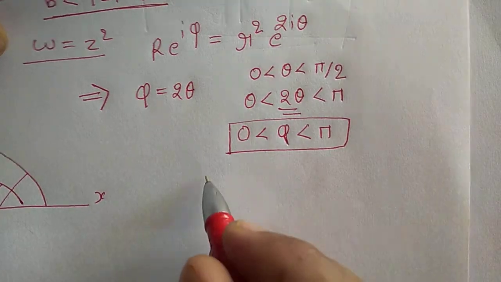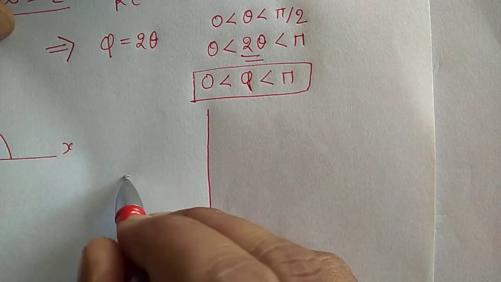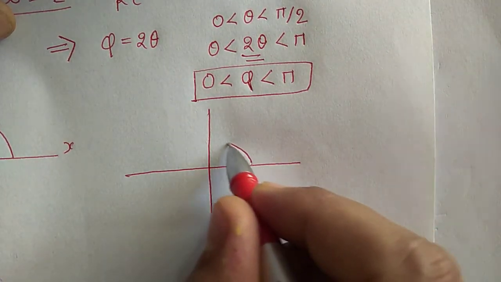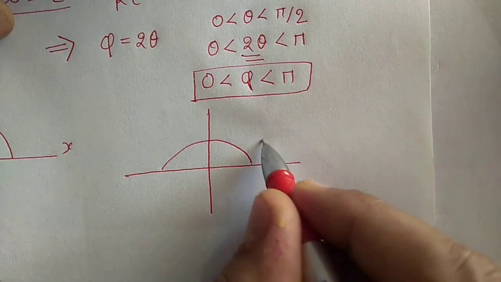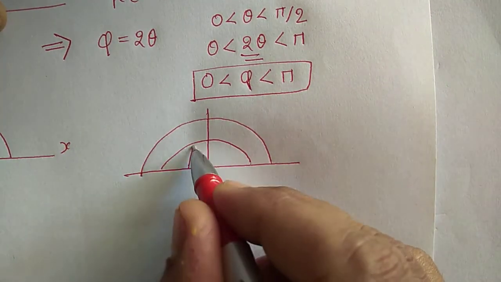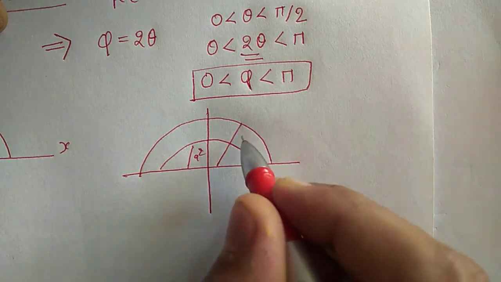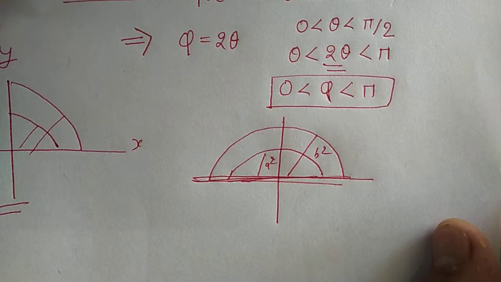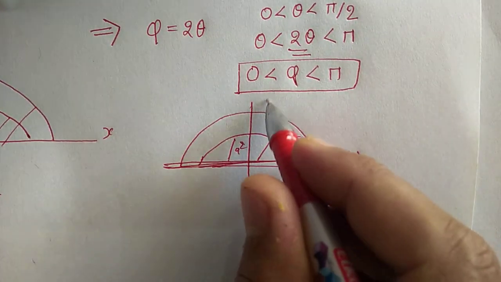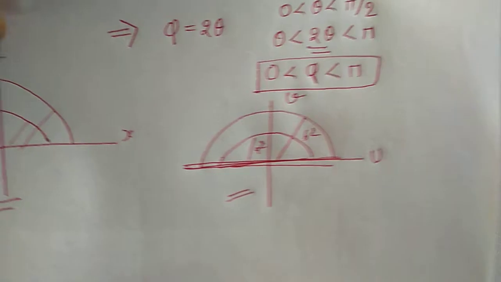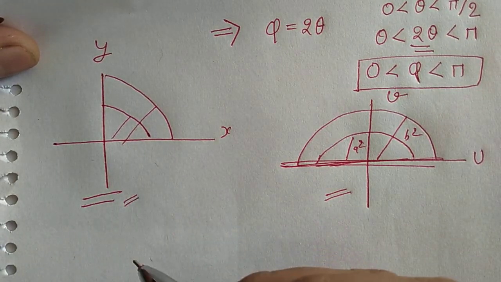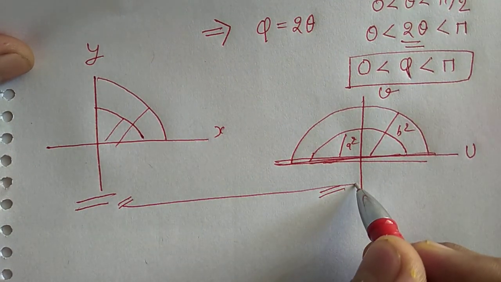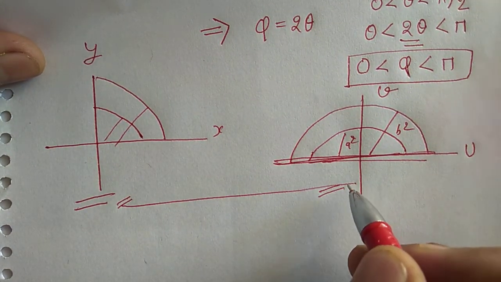If you find out the image in the W plane, this is the A square, this is the B square, and this will be the whole plane. So this is the U, this is the V, so this is your image curve, and this is your domain curve in the Z plane, and this is the W plane. And the next question, whether this is conformal or not.